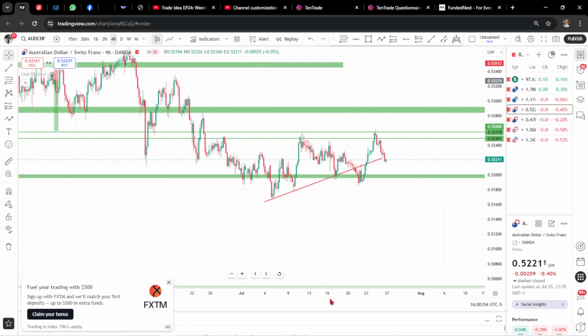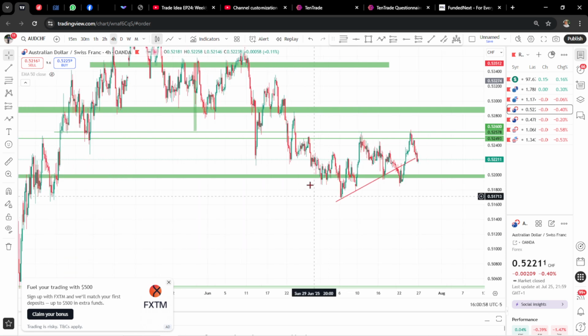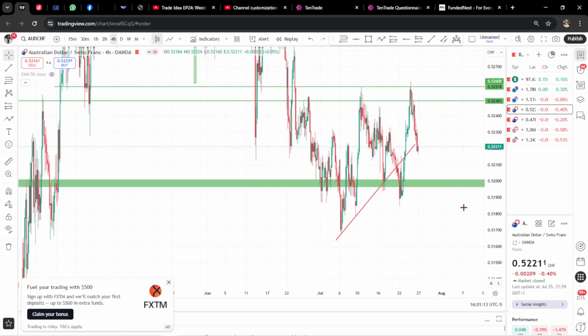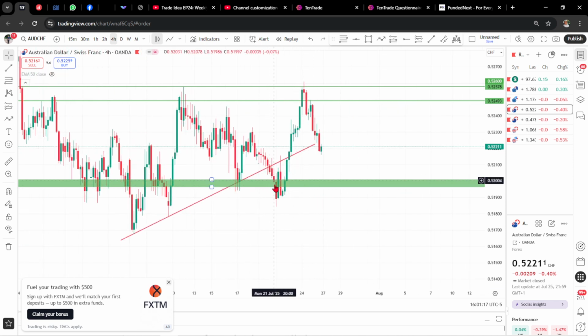All these things were confluences I saw. The market broke this level, came back above it, retested, and then started to pull to the downside. I put this trend line, and the market came again and broke this trend line and retested back to this zone, then broke down below it, pushed up, retested and touched this particular trend line.